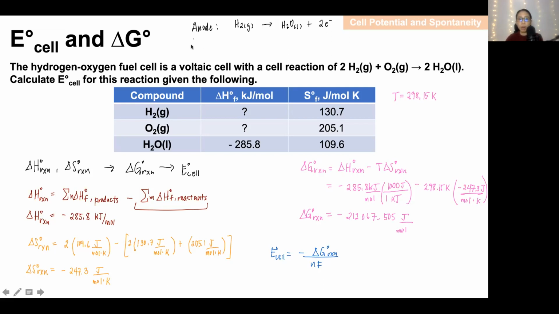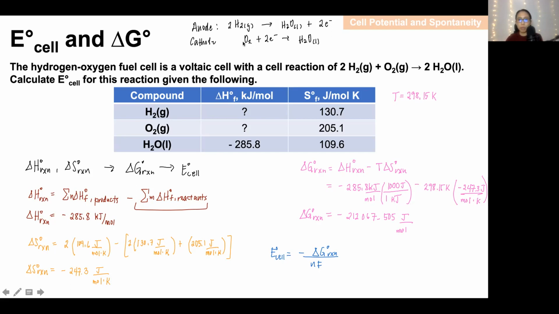And then in our cathode, we have oxygen gas being reduced. So we have O2 being formed into water as well. But this one is gaining 2 electrons.